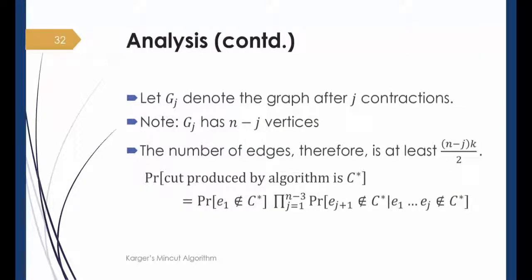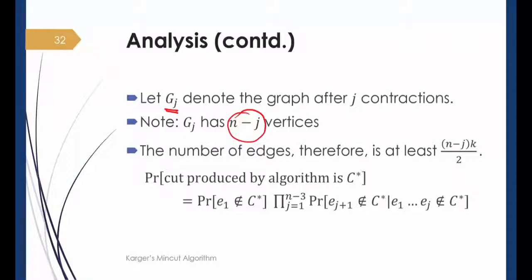So now one more notation. Let G sub j denote the graph after j contractions, and here you notice that G j has n minus j vertices. Well, G 0 will have all the n vertices. G 1 will have, after one contraction, just n minus 1 vertices, and so on.